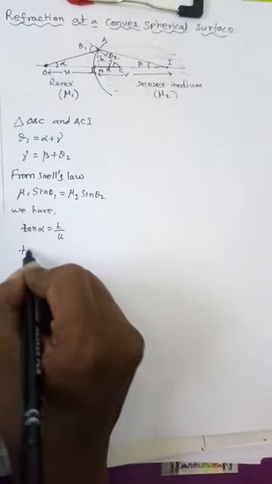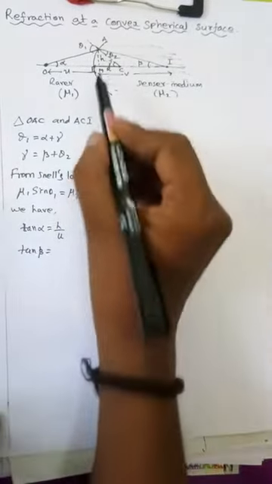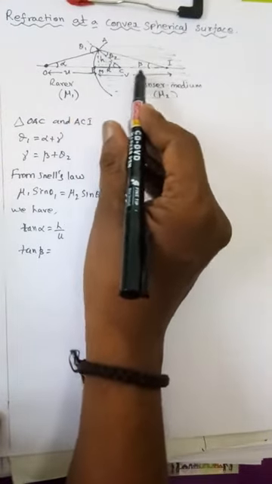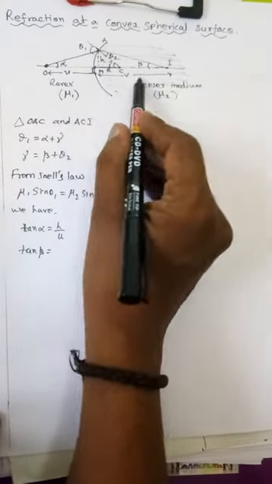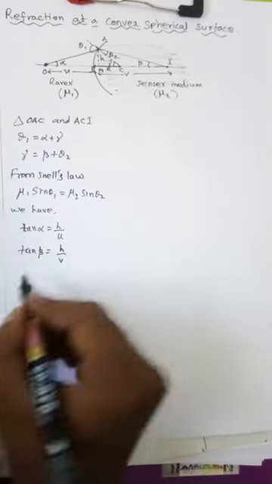Like that, tan beta: you take this triangle, opposite side by adjacent v, H by v.